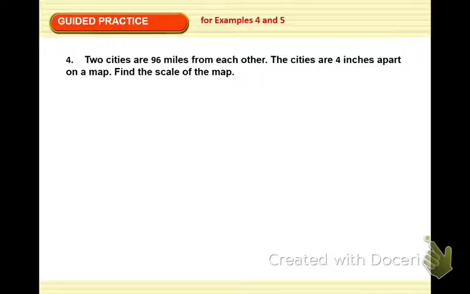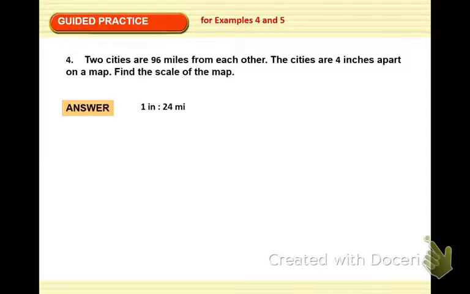So for the scale of the map, we're going to put the map over the actual. My iPad's stalling out here.